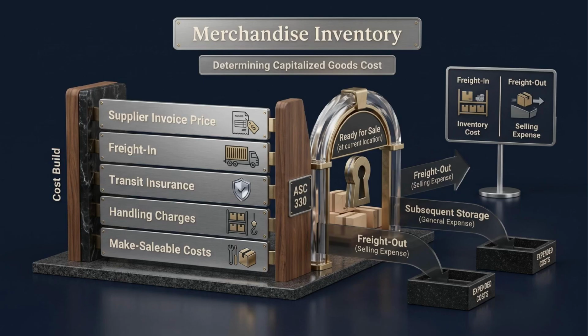After that point, costs such as selling activities or freight out do not become inventory cost. A common exam mistake is treating freight in like an operating expense. Freight in brings goods to the buyer, so it is usually part of inventory. Freight out sends goods to the customer, so it is a selling expense.